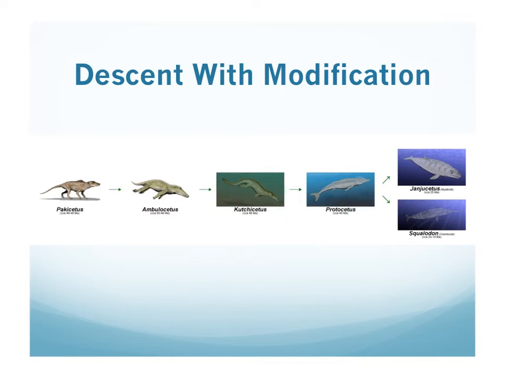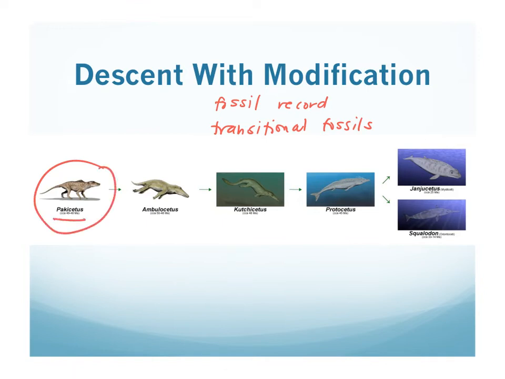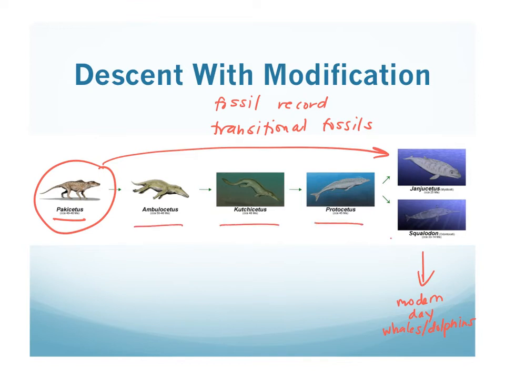Descent with modification also shows that in the fossil record, you have what are called transitional fossils, okay? So this organism called Pachycetus is a relative of these organisms right here, which are now the relatives of modern day whales and dolphins, which are not pictured here. And so these organisms in between are called transition fossils.